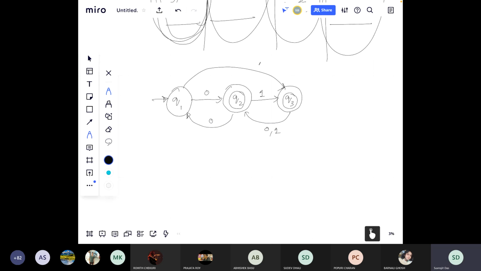Am I audible? Yes, sir. Yes, please take down this diagram. You have taken down this diagram? Sir, is that 0, 1 from Q3 to Q2?